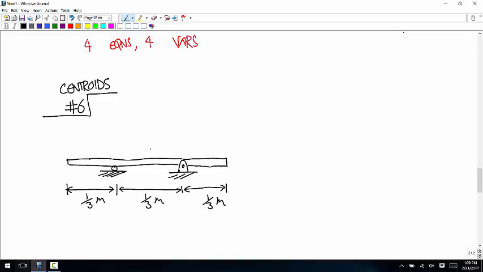And then we have a distributed load that goes from the midpoint of the beam to here. It has a maximum distributed load of 10,000 newtons per meter. So this distance is 1/2 meter. There's no mass. We're not assuming any mass of the beam, and we want to calculate those reactions.